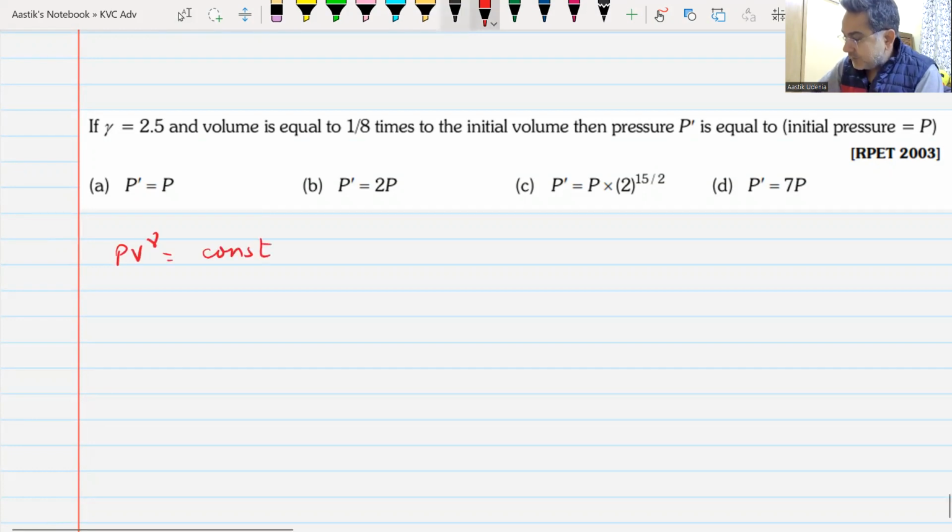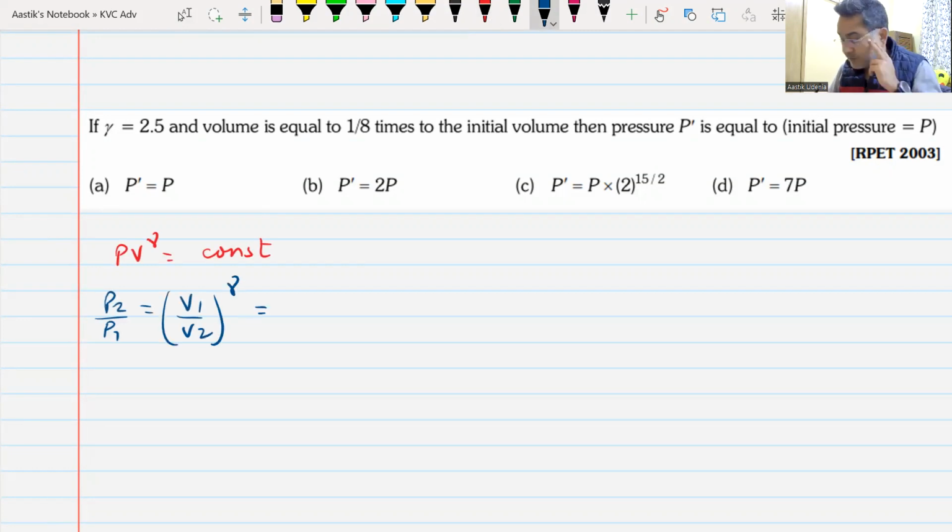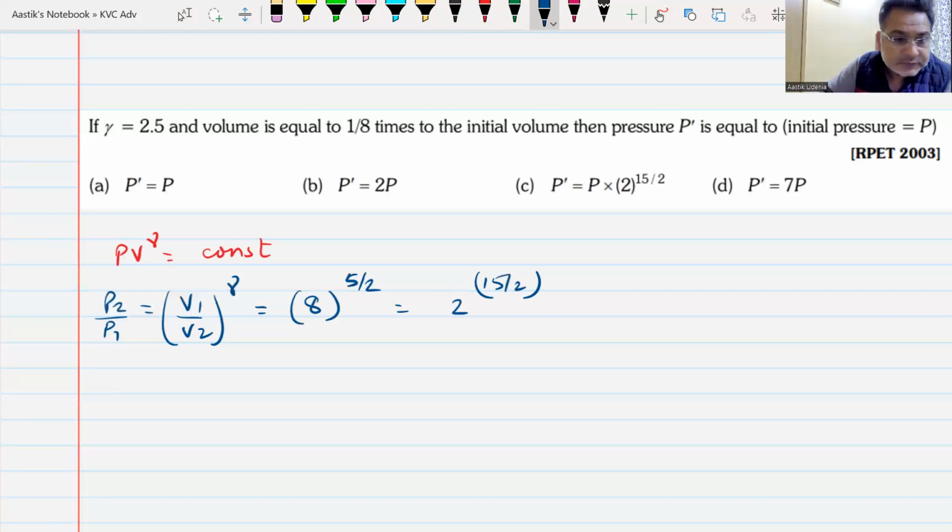So you can say P2 by P1 will be equal to V1 by V2 raised to the power of gamma. V1 by V2 becomes 8. 8 raised to the power gamma, which is 5 by 2. So this becomes 2 raised to the power 15 by 2. Yes or no? Yes, sir.